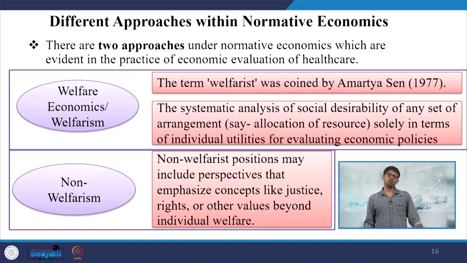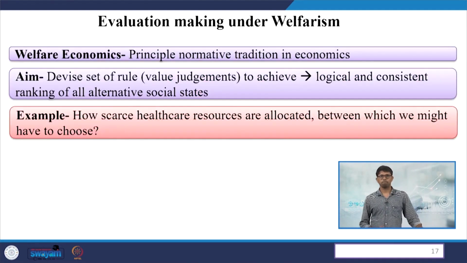Whereas non-welfarist positions may include perspectives that emphasize concepts like justice, rights and other values beyond individual welfare.